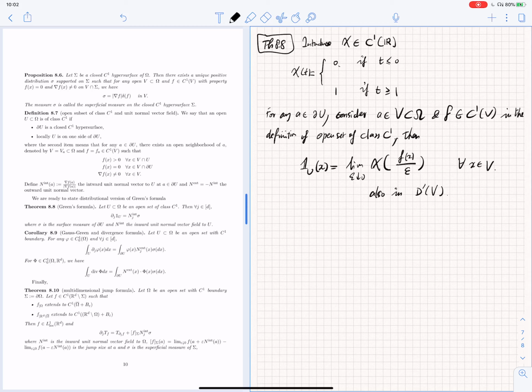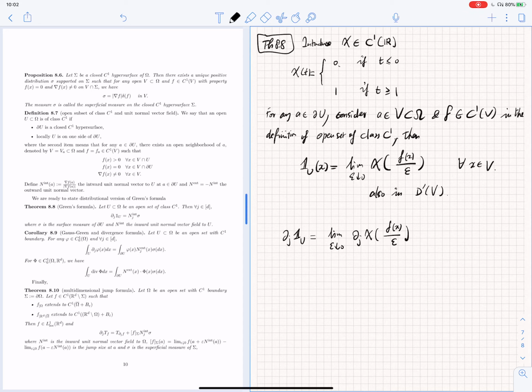Okay, so this is the first observation. Since we have this convergence, by using the continuity of the derivative on the space of distribution, we have this value is equal to the gradient of chi of f of x over epsilon.